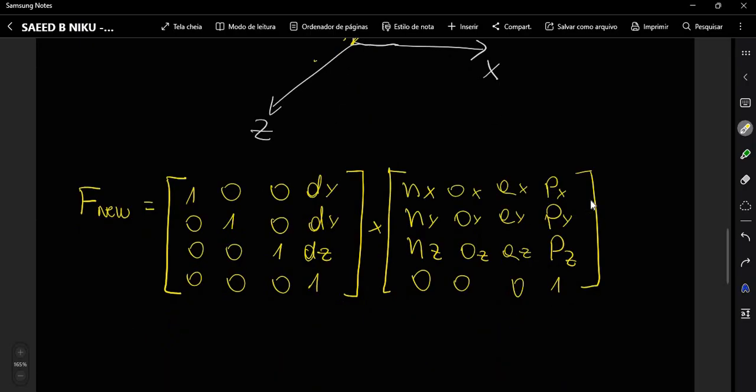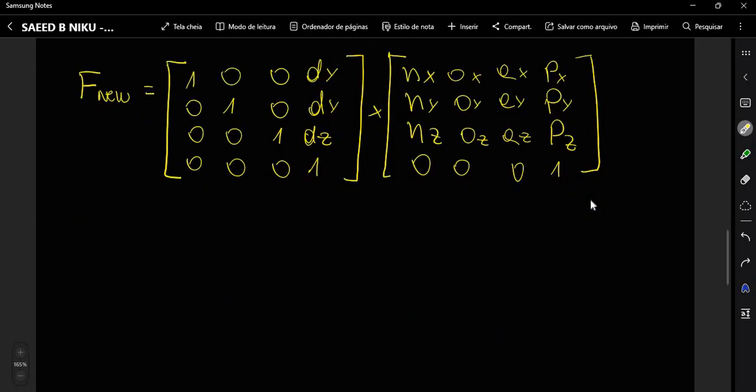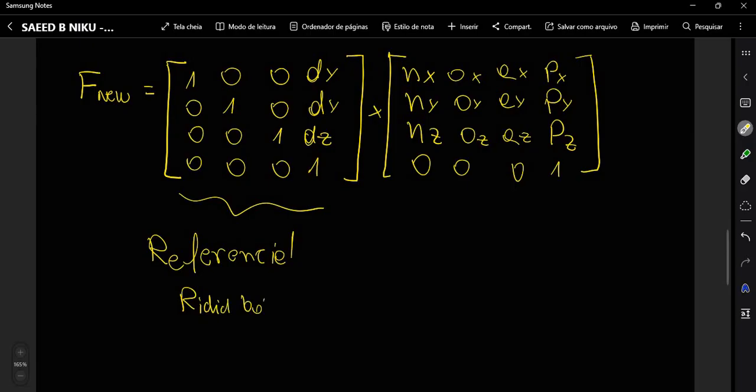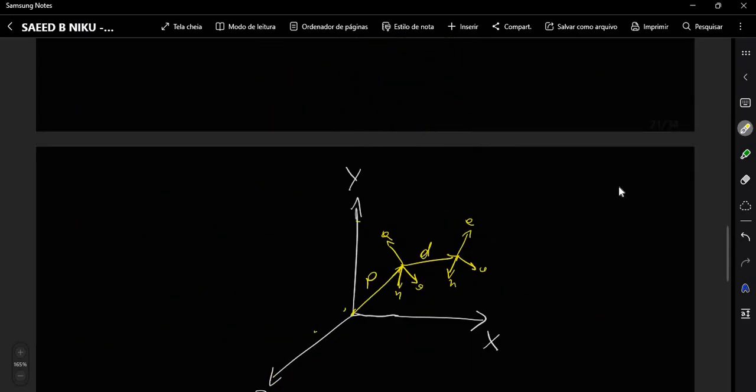And multiplying both of these, this is the referential, that can be a rigid body, or even a reference system, as you are seeing.